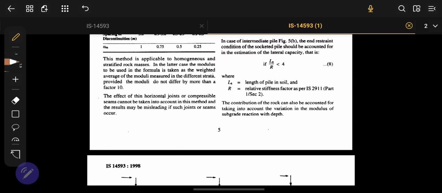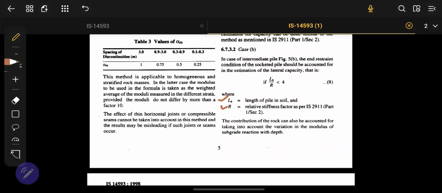So LS is the length of the pile in the soil, and R is the relative stiffness factor as per IS 2911. This you have to evaluate. I think a power of 1 by 5 of some E value is to be used, and there is some formula in 2911 that we can take to calculate the R value.